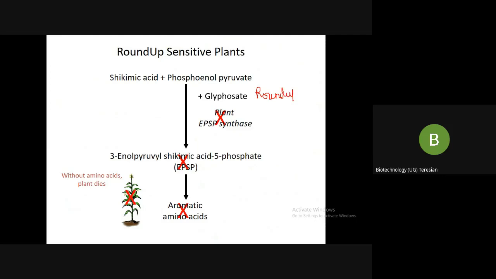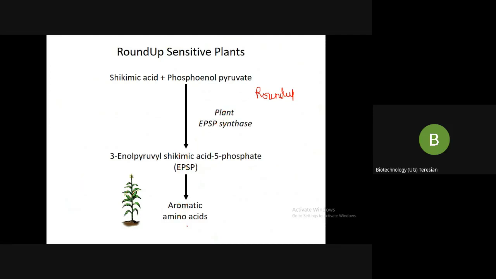But it can't differentiate the crop plant and the weed plant. It will kill all the plants. So once this glyphosate is sprayed, it is going to kill all the plants. How? By inactivating the EPSP synthase. When this EPSP synthase is inhibited, what happens? The aromatic amino acids are not produced.